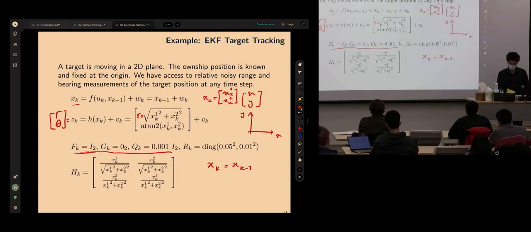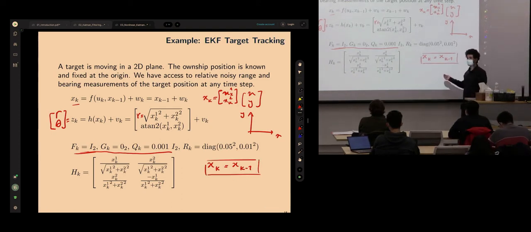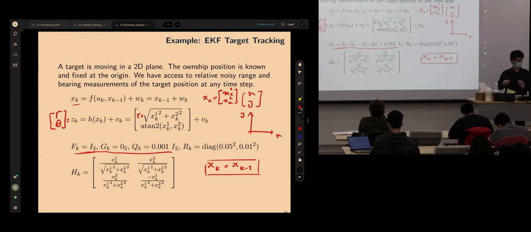There is a noise, but when you evaluate the mean, the noise is 0 mean, okay? That's why you get this transition model. So in this particular example, the transition model is actually linear. You do not need to change that part. But the observation part is nonlinear. Overall, leads to an extended Kalman filter still, because part of it is nonlinear.